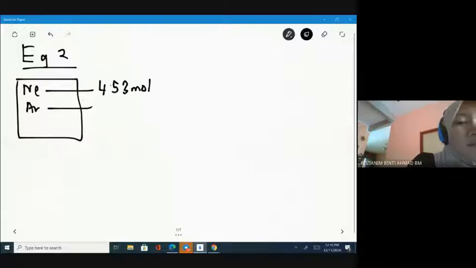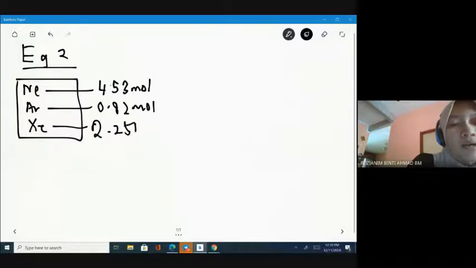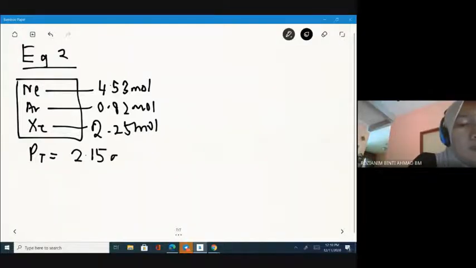Argon is 0.82 mole, and then we have xenon, 2.25 mole. At the same time, we have the total pressure. The total pressure here is 2.15 atm. Okay, the question is calculate the partial pressure of each gas.